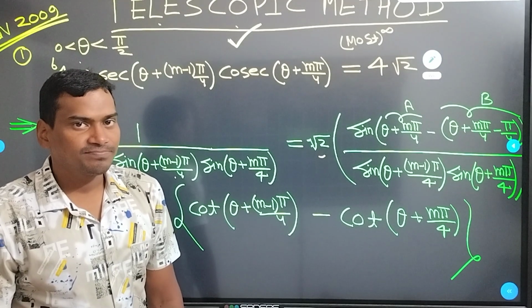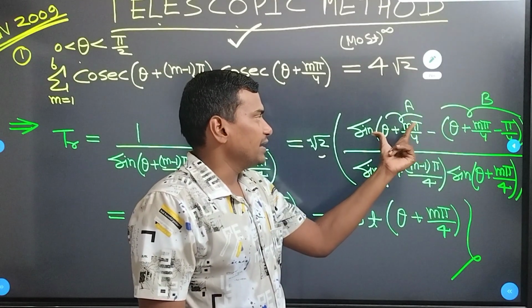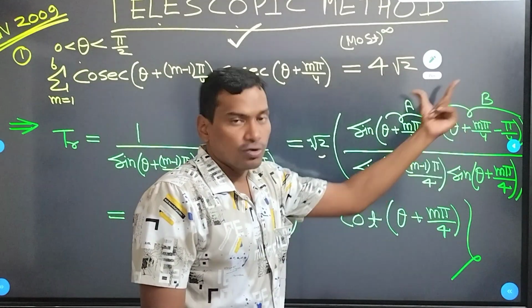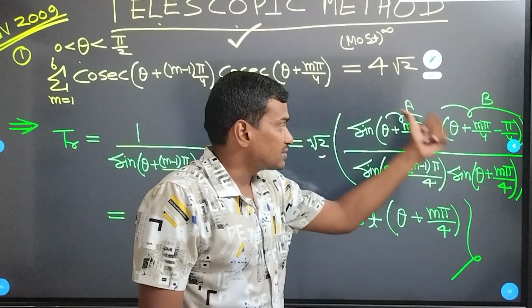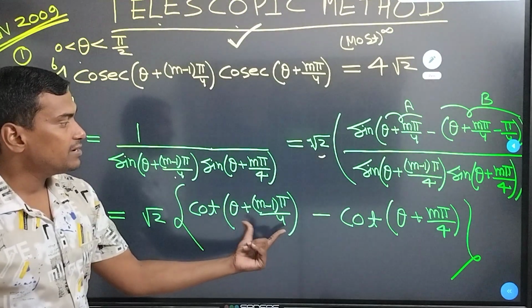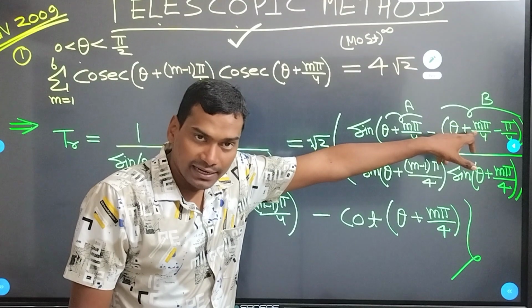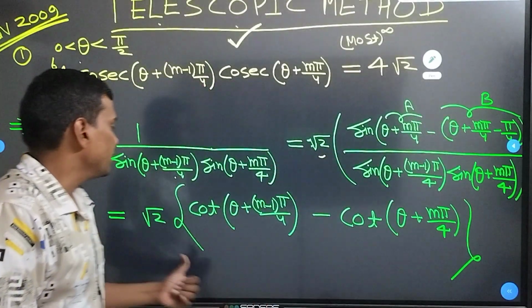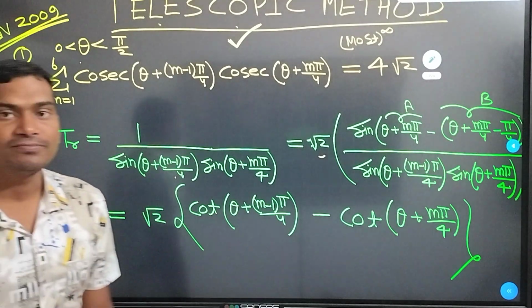Can you understand? Alright, so sine of a minus b, this we are writing as sine a cos b minus cos a sin b, over sine a sin b. Sin a sin b gone. So we are getting this, cot b minus cot a. After expanding the compound angle, we are getting this thing. So this is the general term.